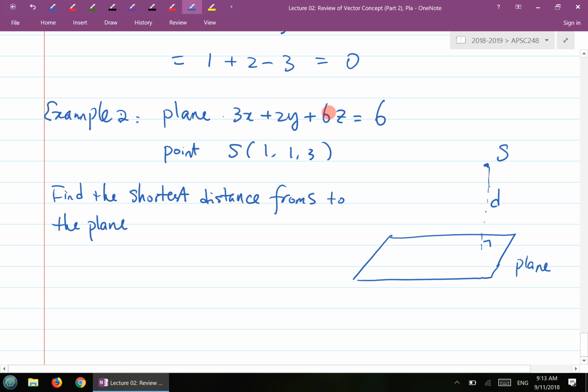If you have the plane equation, as I just did in the previous example, the immediate information I can write down is, what is it? The normal vector, right? So I'll write down the normal vector here, and I'll draw it out just to illustrate. That's 3, 2, 6. That's our normal vector.